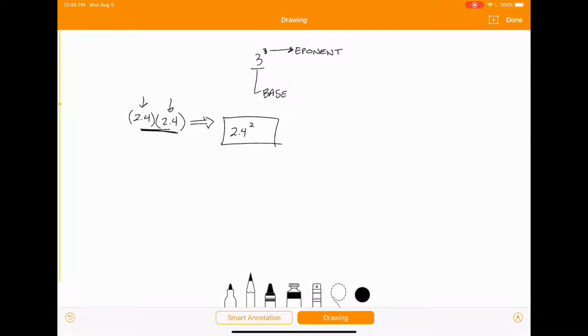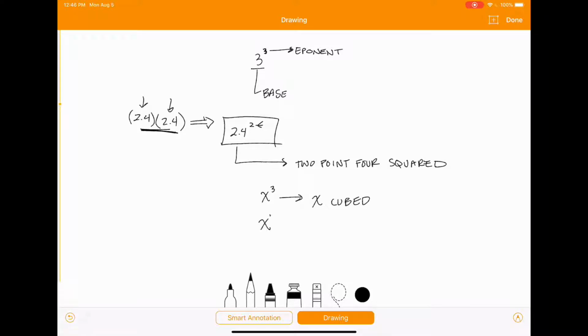Now, how you would say this in words, this is going to be 2.4 squared, because it has a 2. If there's a 3 as your exponent, it's going to be cubed. So in this case, it's going to be x cubed.